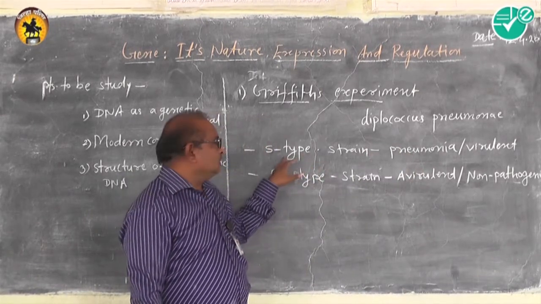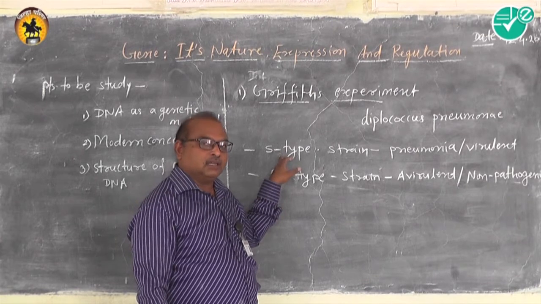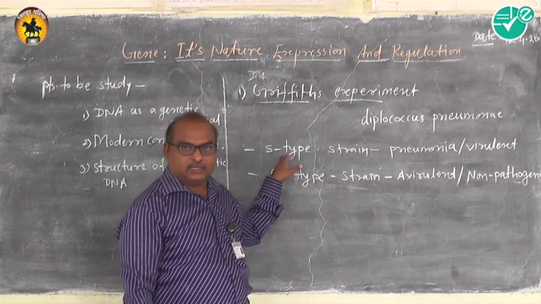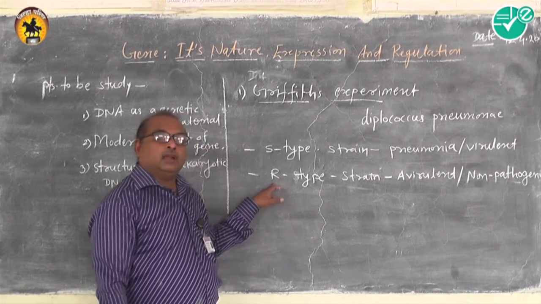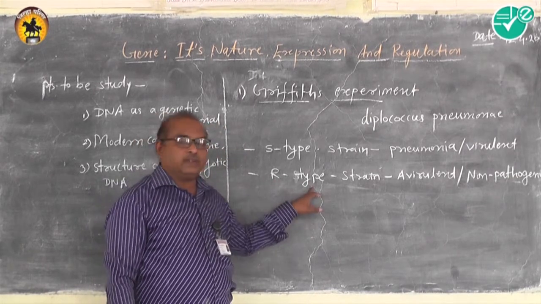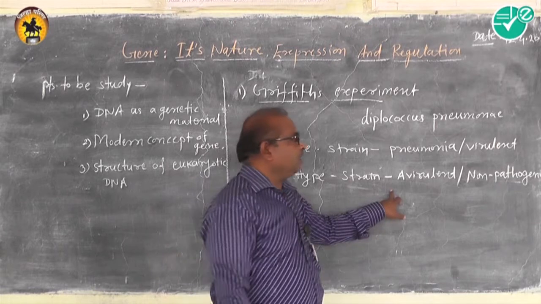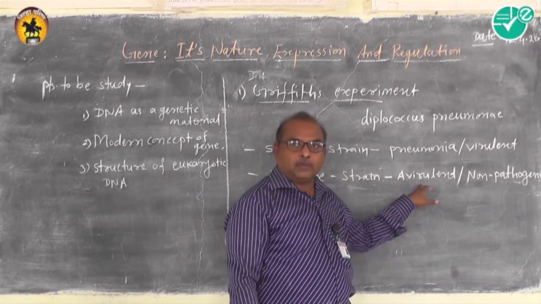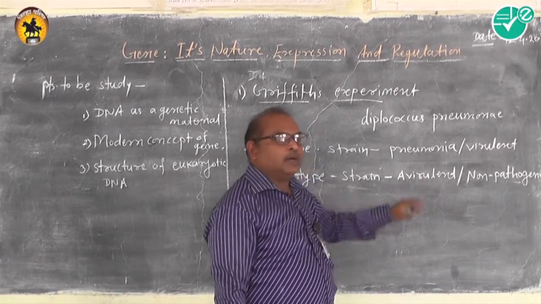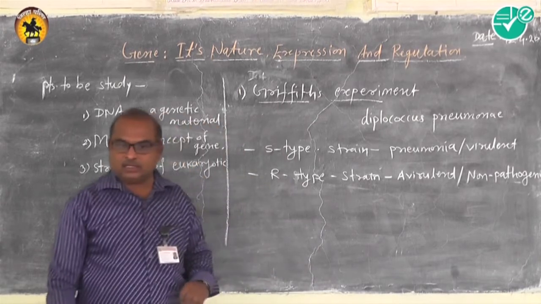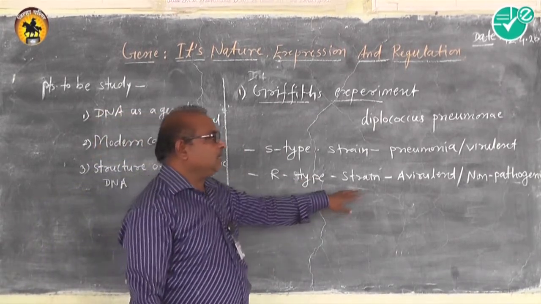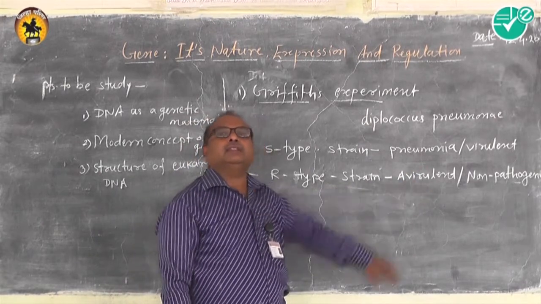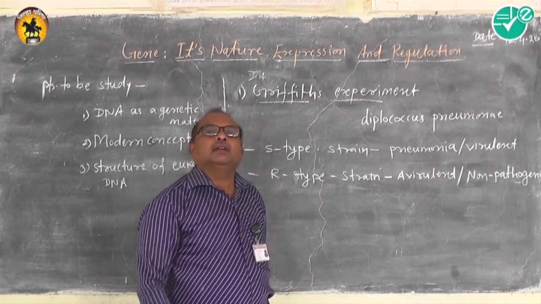Okay, so the S-type strain is a pathogenic strain causing the disease, and the mouse dies. On the other hand, when the R-type strain was injected into a healthy mouse by Griffith, he found that pneumonia was not caused and the mouse remained alive, so the R-type strain is non-pathogenic.